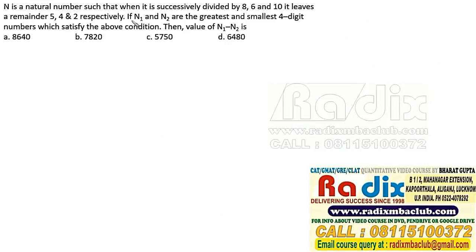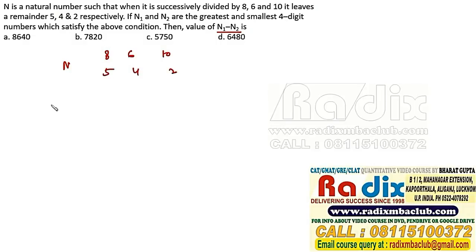N is a natural number such that when it is successively divided by 8, 6 and 10, it leaves remainders of 5, 4 and 2 respectively. If n1 and n2 are the greatest and smallest 4-digit numbers which satisfy the above condition, then find the value of n1 and n2. Now that question is very important. N is a number which when divided by 8, 6 and 10 leaves remainders 5, 4 and 2.